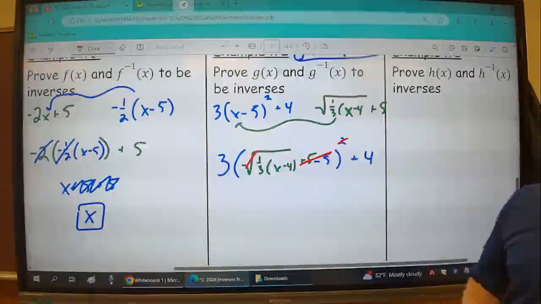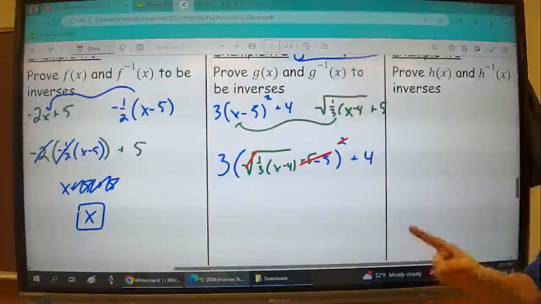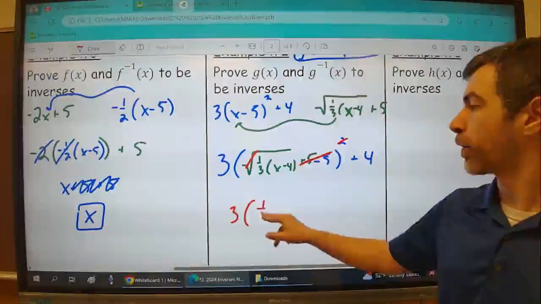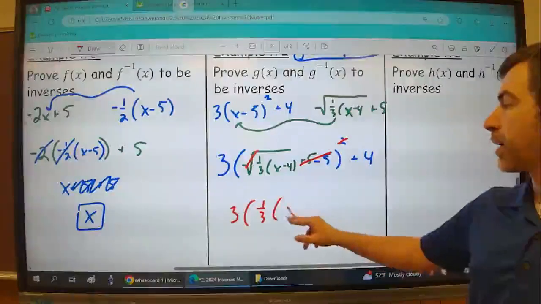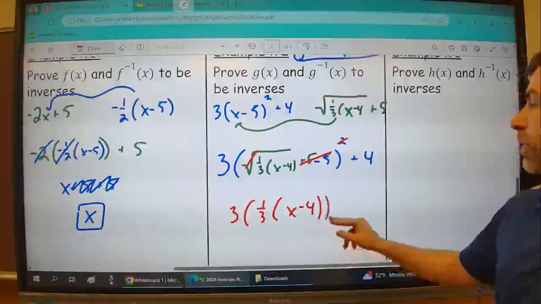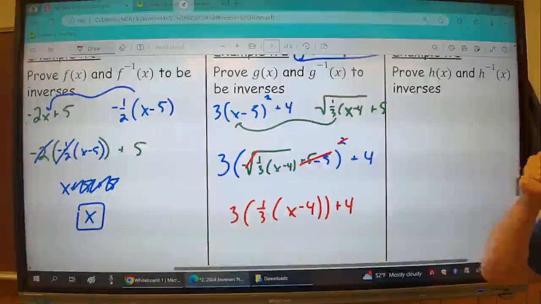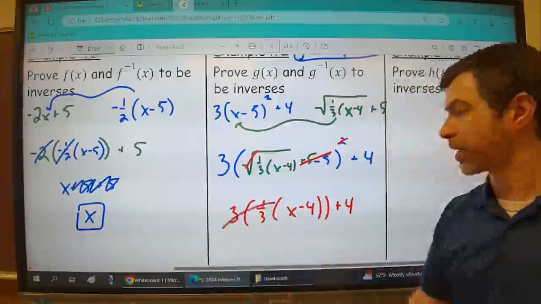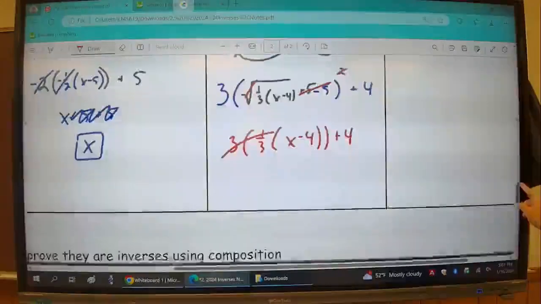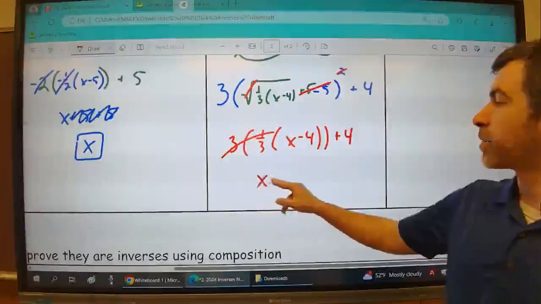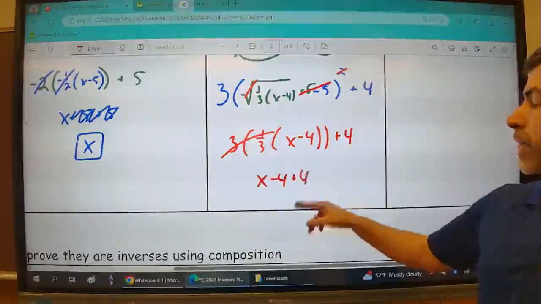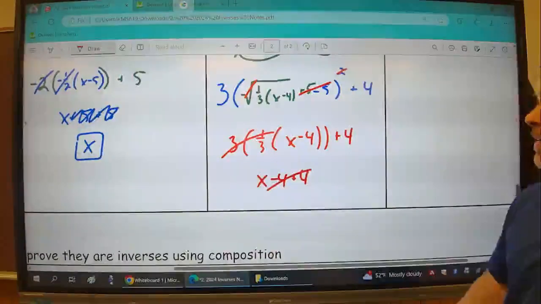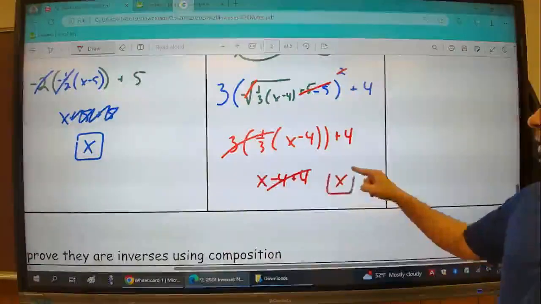If I cancel both of those right now, what I have left is 3 times 1/3 times x minus 4, plus 4. Well, 3 times 1/3 will cancel out, which means all I have left is x minus 4 plus 4. And if I subtract 4 and add 4, nothing happened. x is all that's left.